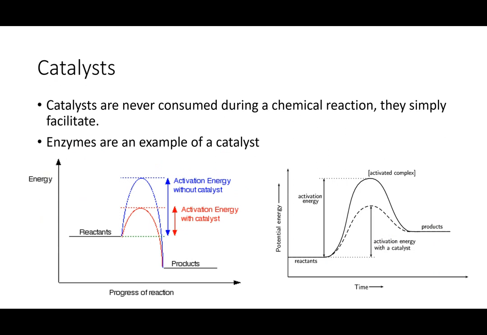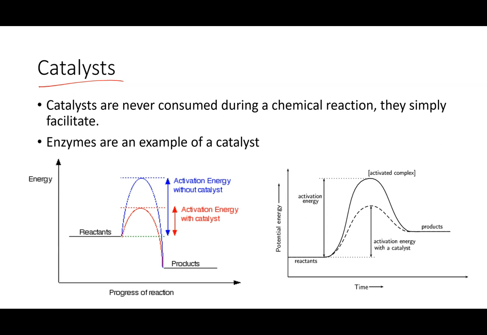And lastly, catalysts. Catalysts are never consumed during a chemical reaction, they simply facilitate. Catalysts are compounds within chemical reactions that are not consumed during the reaction, they just sort of help to overcome the activation energy.